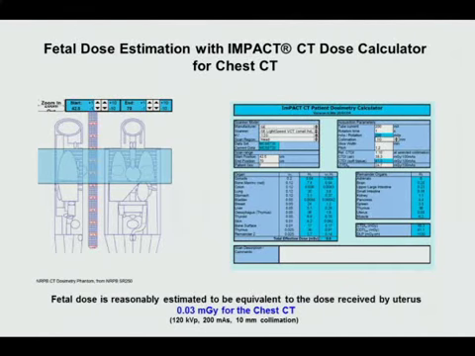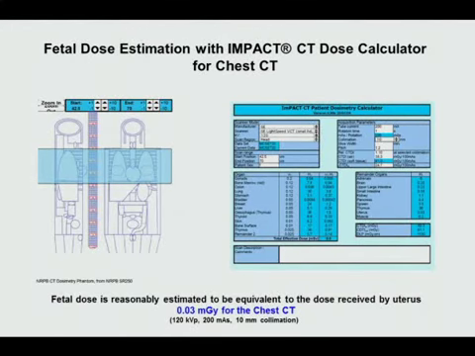For example, here in this diagram, here's the chest CT. The fetal dose estimate comes out to about 0.03 milligray for the chest CT, about 0.3 millirads. This uses a beam of 120 kVp, 200 mAs, 10 millimeter collimation, which is a typical protocol technique.